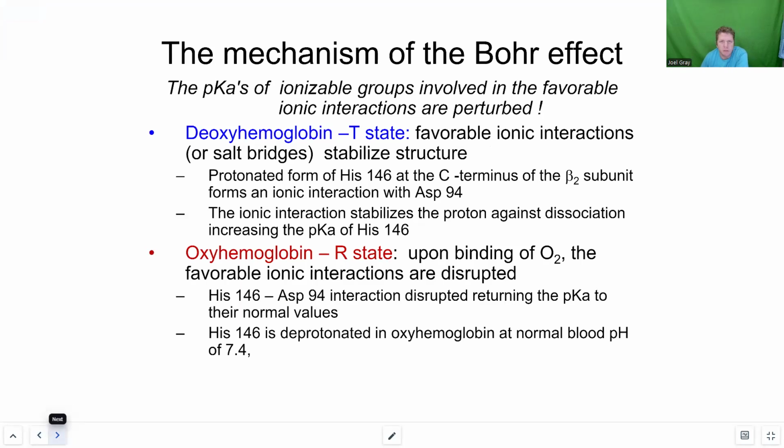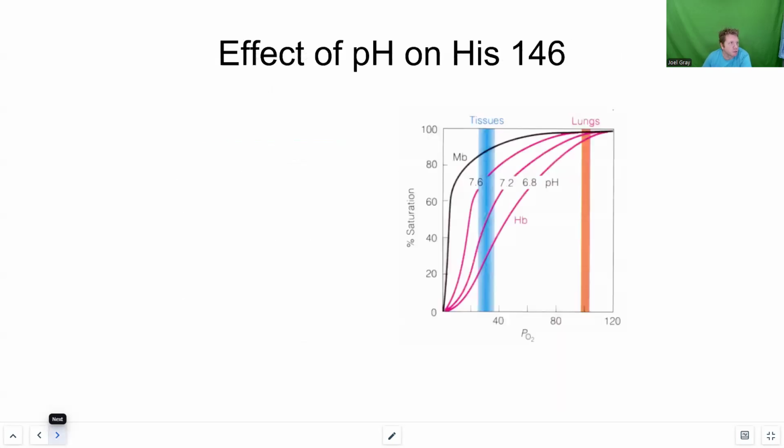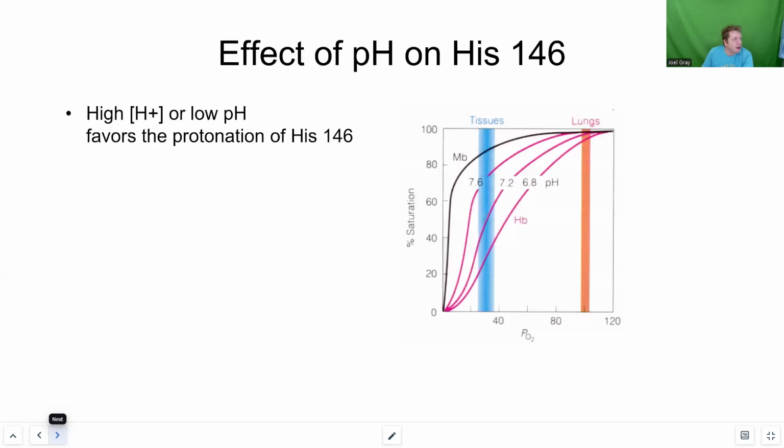So it's almost like whichever one gets there first is going to predominate. Is the proton getting there first, or is the O2 getting there first? Whenever that's established, we're going to have a favoring of one of those two states of our protein. Now, high hydrogen ion concentration or low pH, and remember from Gen Chem 2 those two terms are interchangeable, is going to favor the protonation of histidine 146.